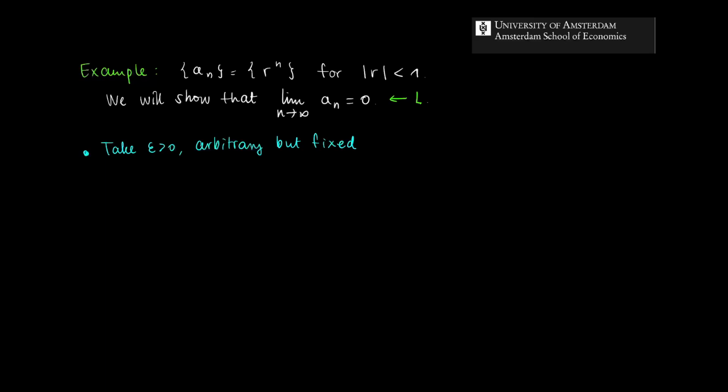We now have to make sure that we can take indices large enough such that the absolute value of the difference between an and L is smaller than epsilon for all larger indices. So that's what we're going to do. We start off again by looking at an minus the thing that we think is the limit.